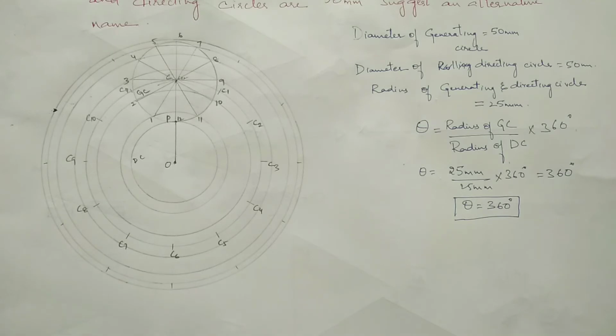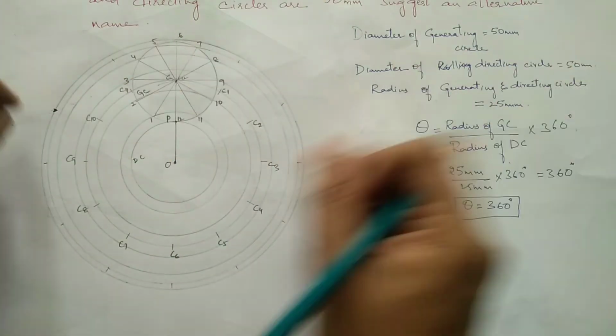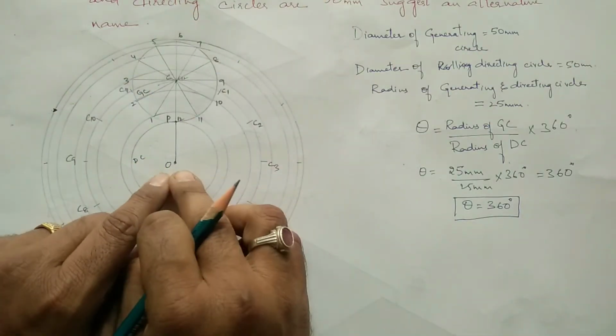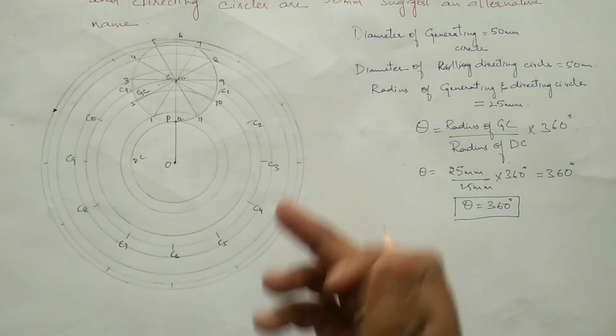If required, you can extend the lines from the locus of center towards O. If not, it is not required.